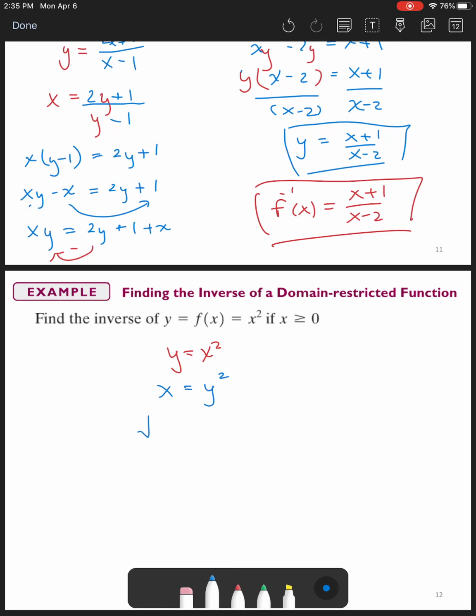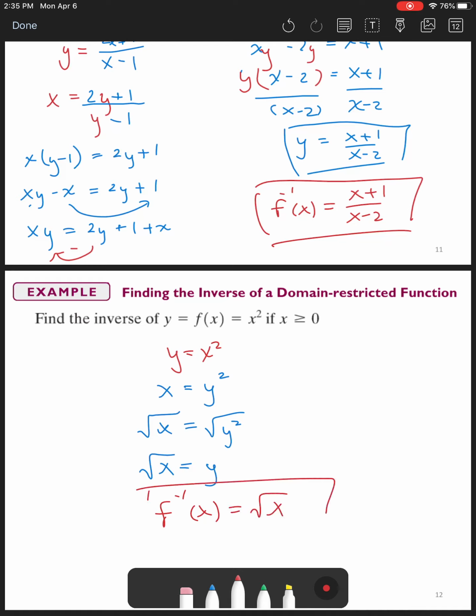Now we're going to undo to get y by itself, and we have square root of x equals y. Your inverse function, f inverse of x, is equal to square root of x. I thought you said it was going to be hard. Game changer.